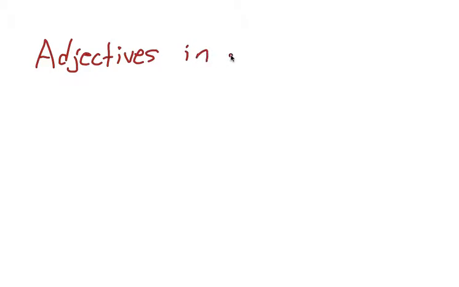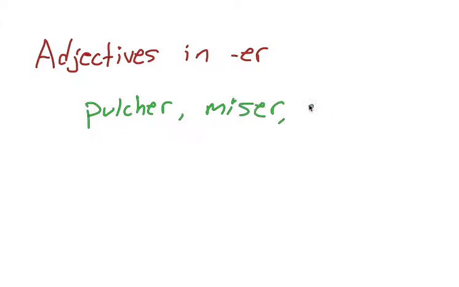Okay. Now there is something important to know about adjectives in ER. Okay, for instance, pulcher or miser, right? Or even a third declension one like acer or celer. Okay, there are some third declension adjectives which end in ER.